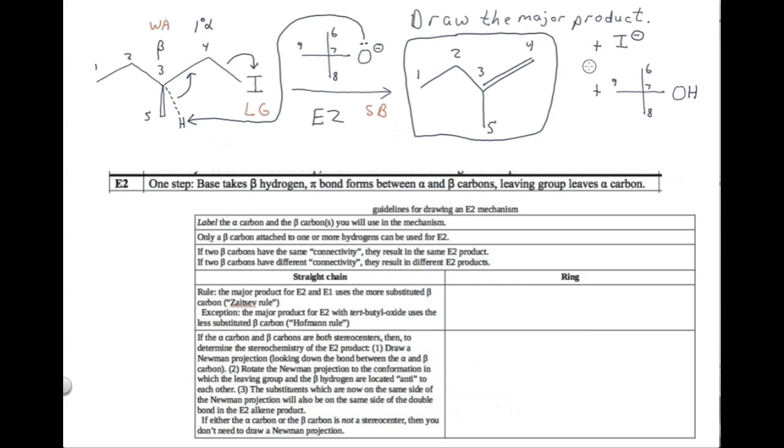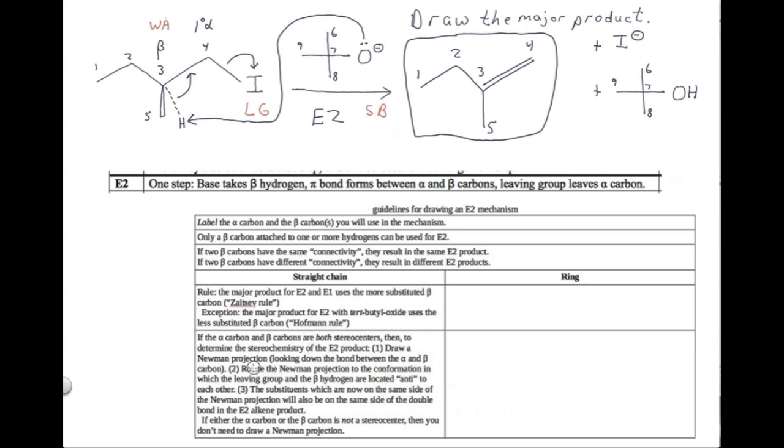The main purpose of this video is to show you how to use Newman projections to get the correct stereochemistry for the E2 product. But the purpose of this problem was to remind you that there are many E2 mechanisms where you don't need to draw the Newman projection. Even when the starting material has a stereocenter, you might still not have to draw a Newman projection.